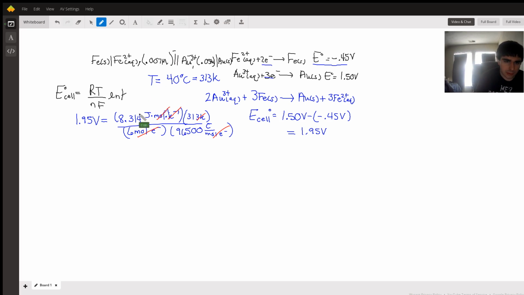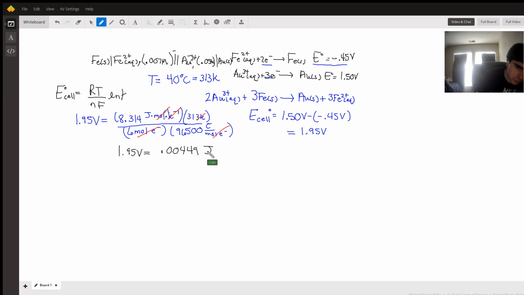Whatever you get here, you're going to have to divide 1.95 by that value. So we do that. So that's going to be equal to that.